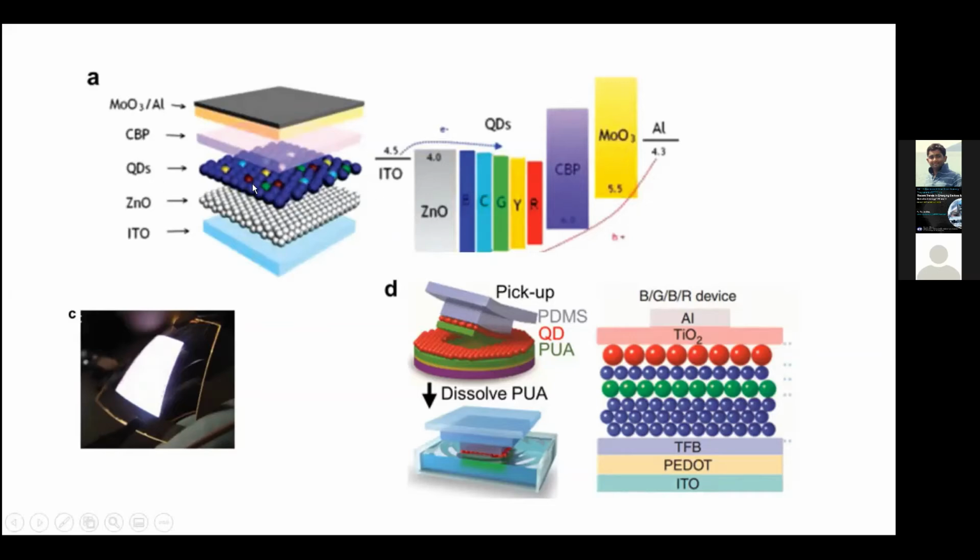When you mix the quantum dots, as I told you, it goes through hopping. Because of the bigger size of red and the smaller size of blue, it cannot make a good film. Bigger dots take much more space, and smaller dots take less space.